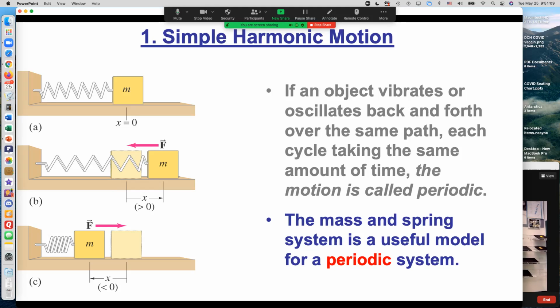A cycle is one complete back and forth motion, right? Just a little tip here, if you're looking at back and forth motions, always start at either one extreme or the other. Do not start in the middle because you can make mistakes when you count, right? But it's very clear when something comes, if it starts here and comes back to here, that's one cycle.